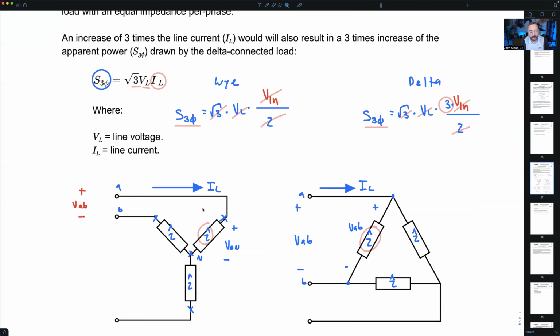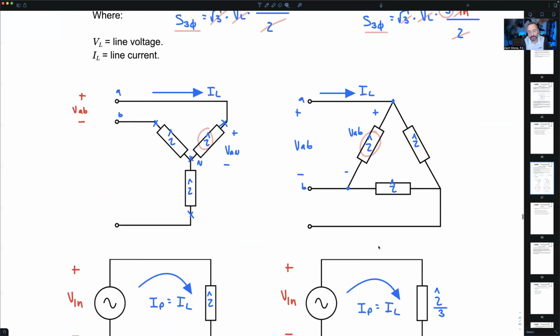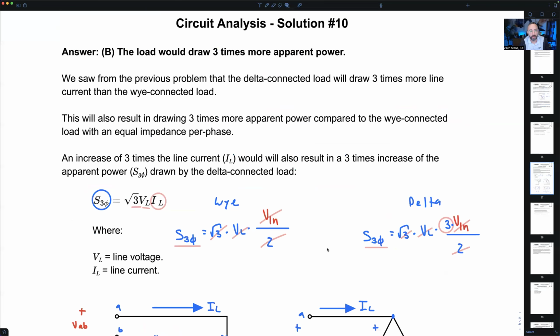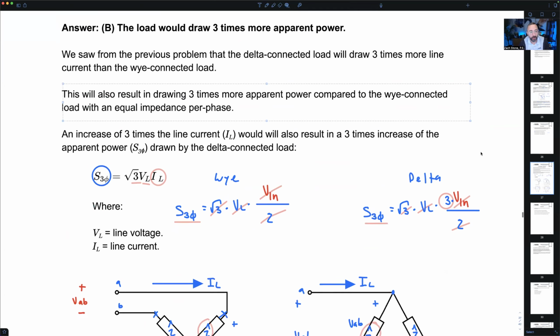The problem didn't include these diagrams, but it's the same diagrams from that first circuit analysis problem we worked. It says from the previous problem, and in the book, this is really question number 2, immediately following the previous one. In the previous problem, we saw the delta connected load draws 3 times more line current. That was the answer of the previous problem. So this also results in 3 times more apparent power.